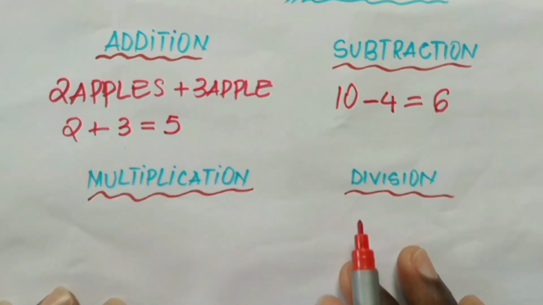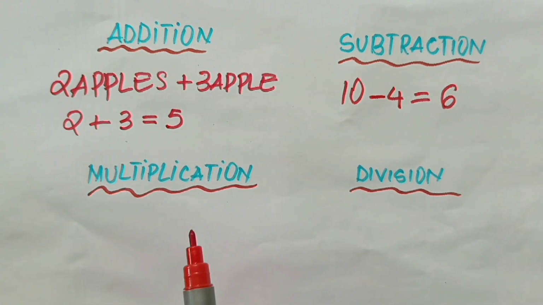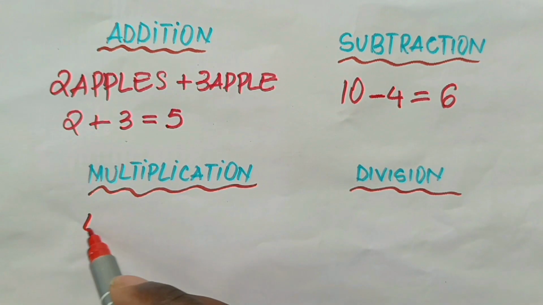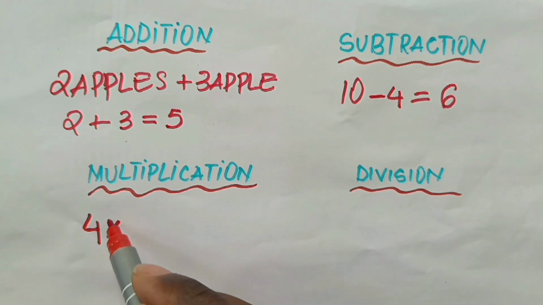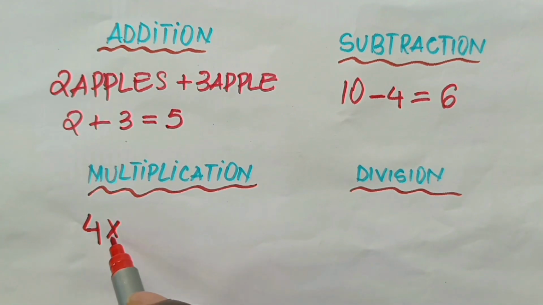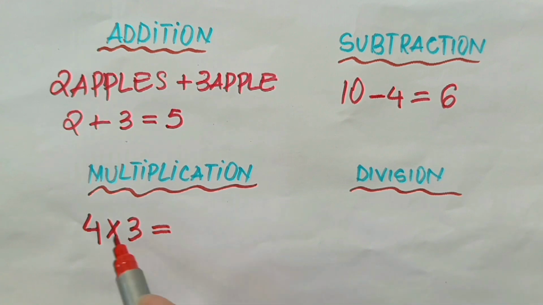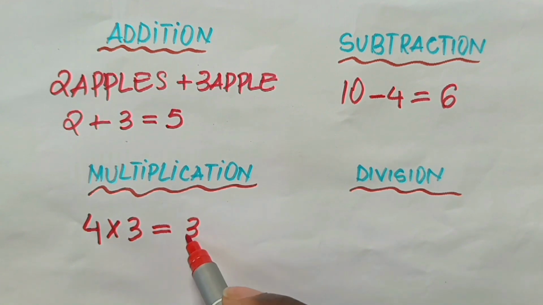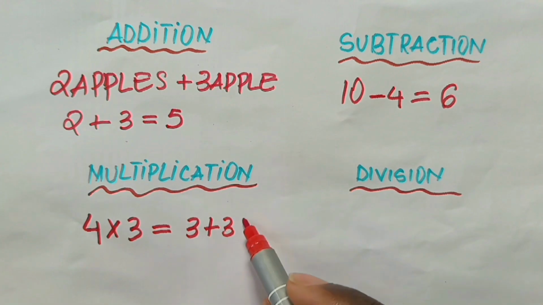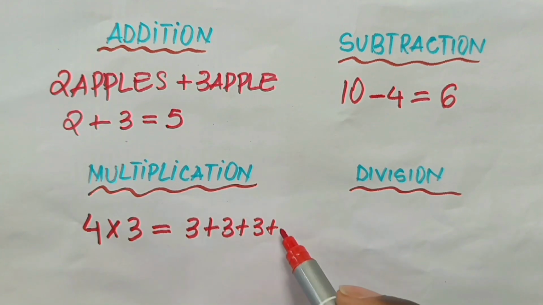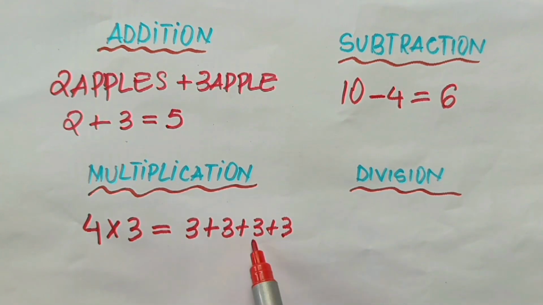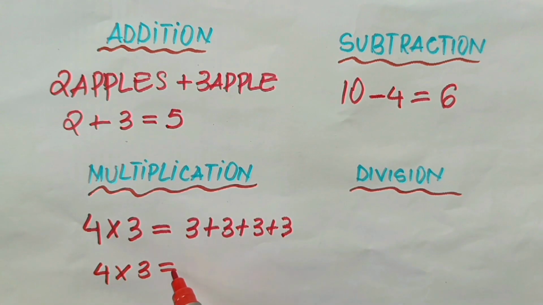And here in multiplication, what happens? For example, you have 4 multiplied, because this is the symbol used to multiply, by 3. This is the same as writing 3 plus 3 plus 3 plus 3. And doing this, you're going to have 4 multiplied by 3 equals 12.